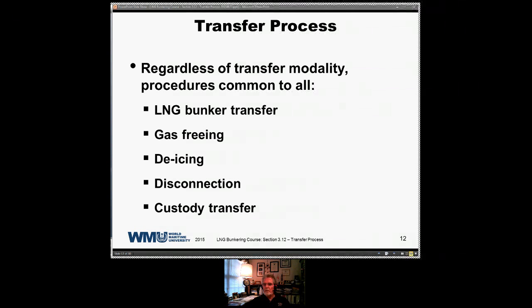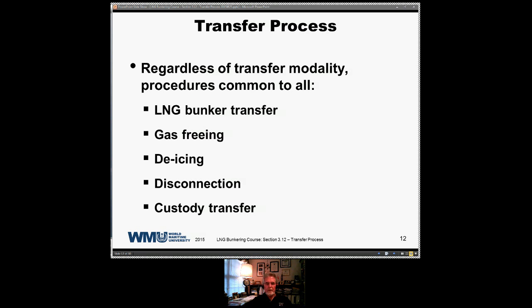You can have several centimeters of ice, several inches of ice buildup, and before anything gets disconnected, you have to de-ice, and this de-icing is accomplished by spraying seawater onto these various items until the ice is gone and safely handled. Then you do a disconnection.